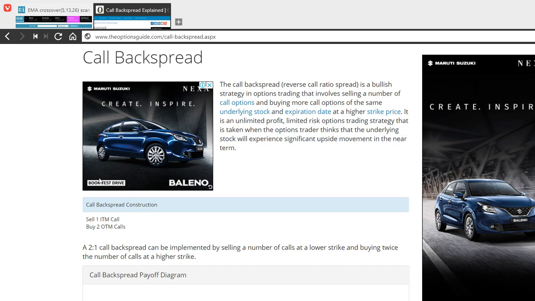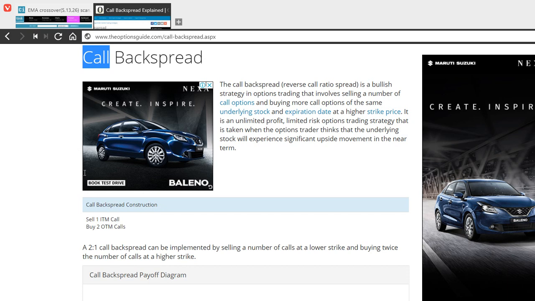So the construction of this strategy is: sell one in the money call, buy two out of the money calls. You can apply it the other way also, that will be known as put backspread strategy. That's wholly different, but I have named it here as call backspread so that you understand.